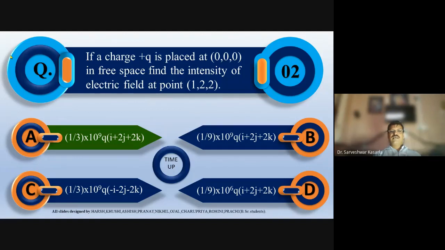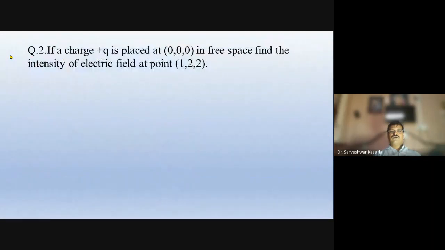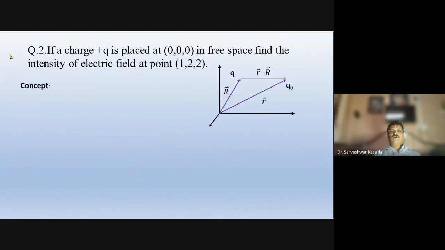So let us see how this answer comes. This is the question again. We have to use the concept of Coulomb's force, or say intensity, in vector form. Here q is the charge kept here, and we have to find the intensity at this point. Our formula for intensity is this.